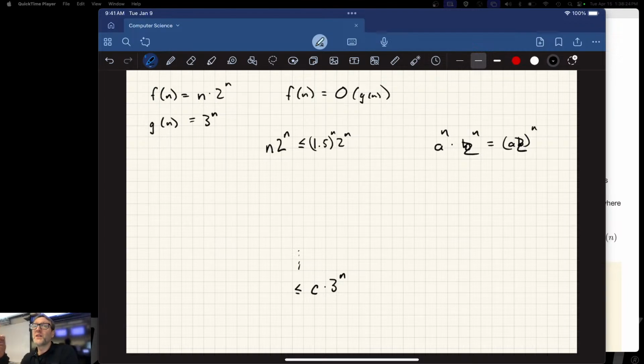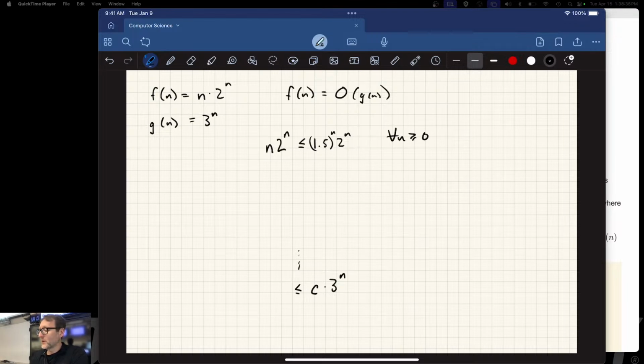Because if it's actually 1 to the n, then it never changes. It's always just 1, 1, 1, 1, right? There we go. And verify that that's true for all n greater than or equal to 0. That is true, and that's equal to 3 to the n. So for n naught being 0 and c being 1, the inequality holds, and we're good.